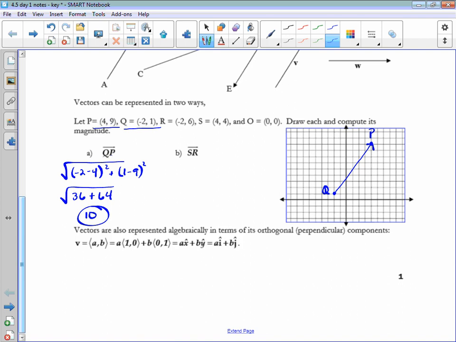Sorry. So distance formula. So basically x minus x squared, y minus y squared. The order doesn't really matter. Okay, you guys try SR for me.